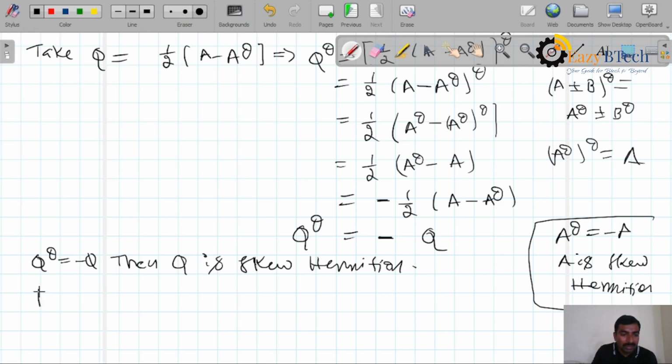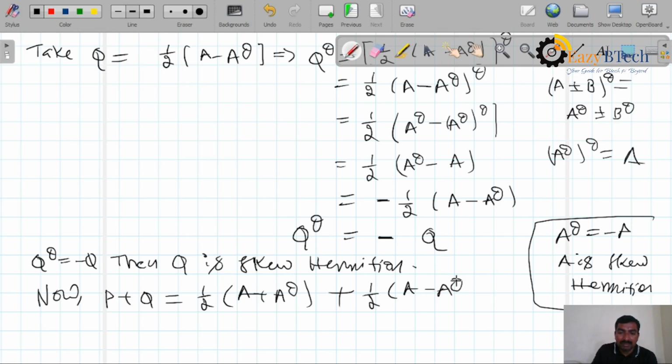Now I want to add P plus Q. What is P? 1 by 2 into (A plus A power theta), plus Q, which means 1 by 2 into (A minus A power theta). In these two terms 1 by 2 is common.